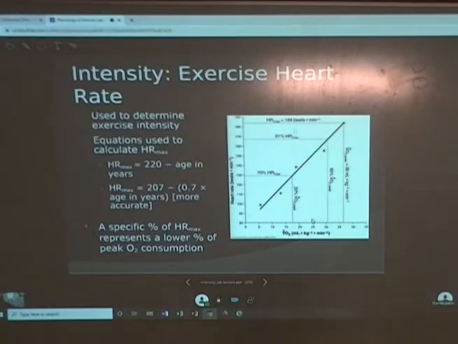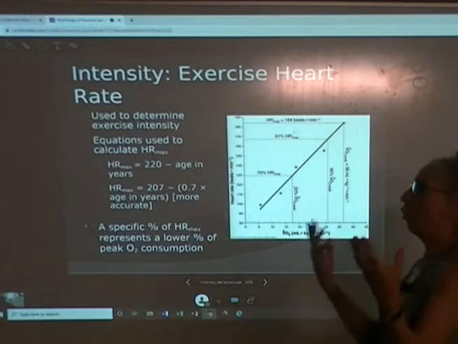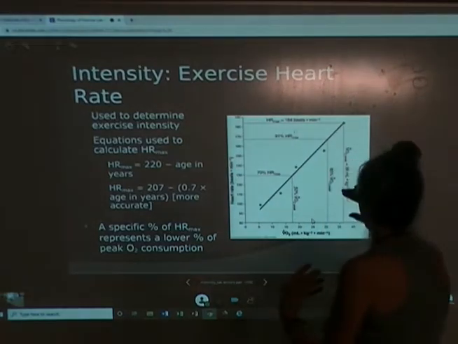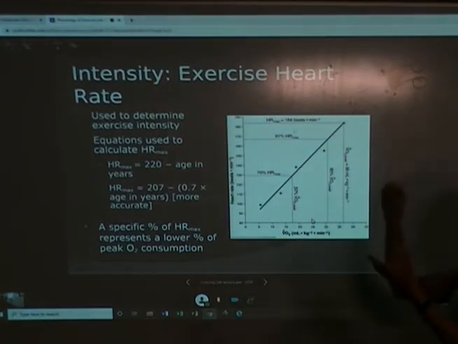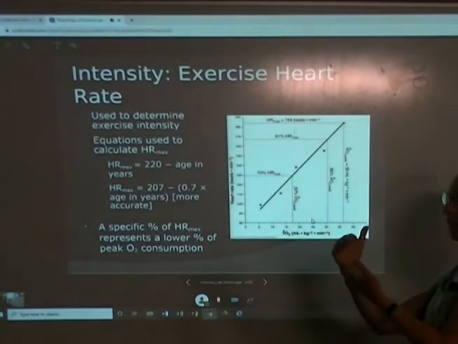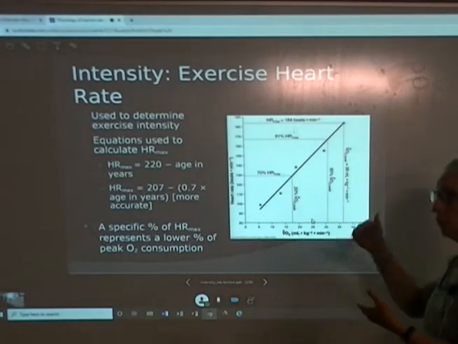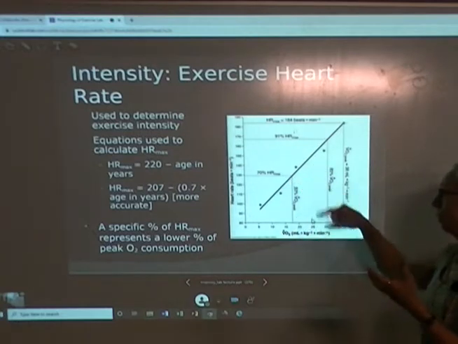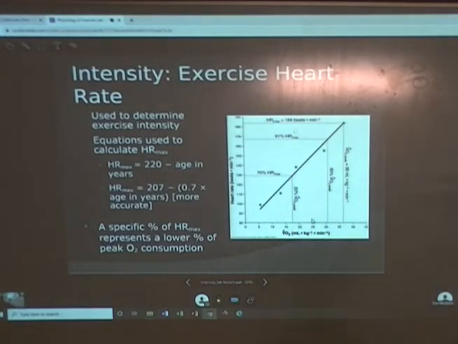If you've got a training program that you have downloaded or found in a book or a magazine, where the intensity level is set in percentage VO2 max, you can convert it to a heart rate max sort of thing.